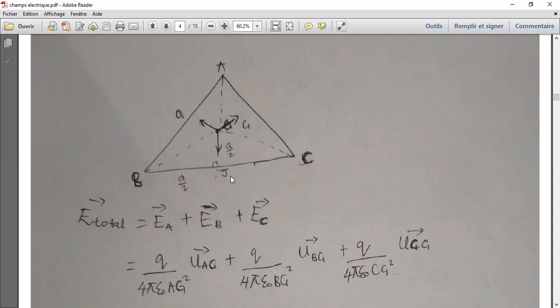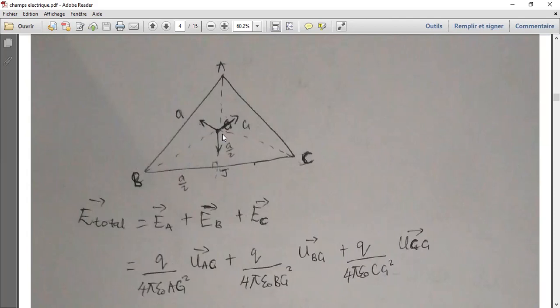I'm just trying to simplify the calculation, because when you want to find the distance BG, you use the Pythagoras theorem, where this is the hypotenuse, since this is the longest distance.